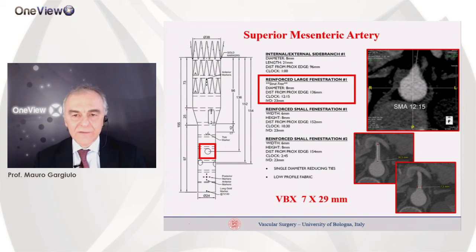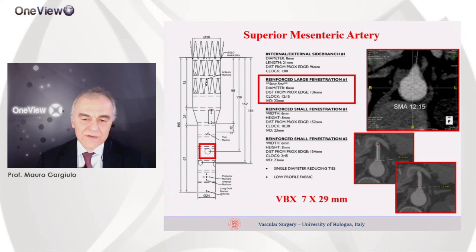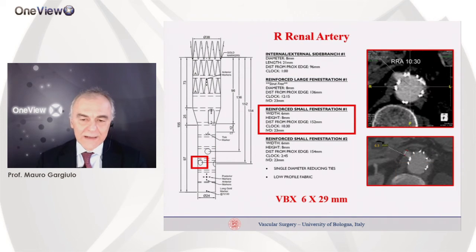Regarding the superior mesenteric artery, we decide about the revascularization through a fenestration. In these patients, in this fenestration, we decide to use the VBX 7 to 29.